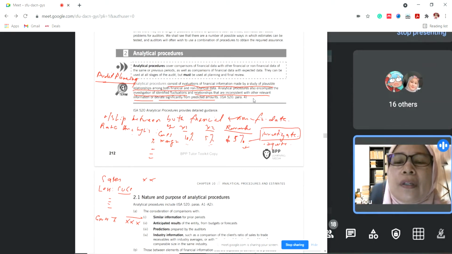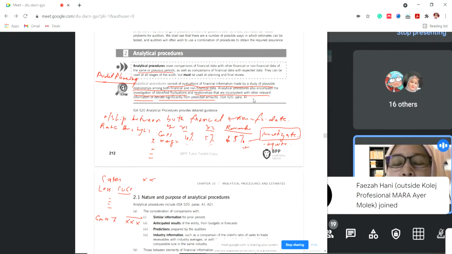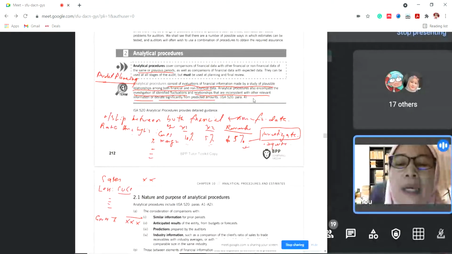It covers comparisons of financial data with other financial or non-financial data of the same or previous period. If you compare year by year, you have to take one year. If you compare by month, you have to compare by month.